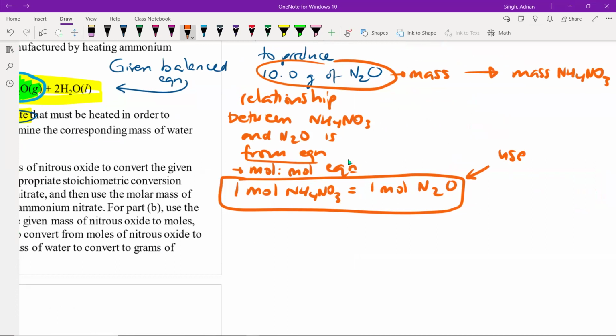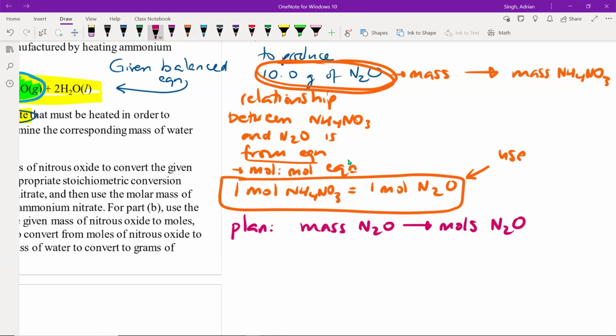In order to use that mole-to-mole relationship, guess what? We need to convert the mass of the thing that we're given into moles first. So our plan is going to be as follows. We're going to convert the mass of the N2O to moles of N2O.